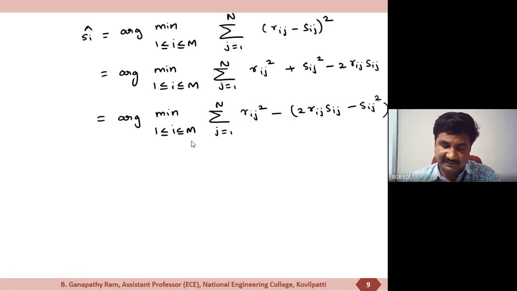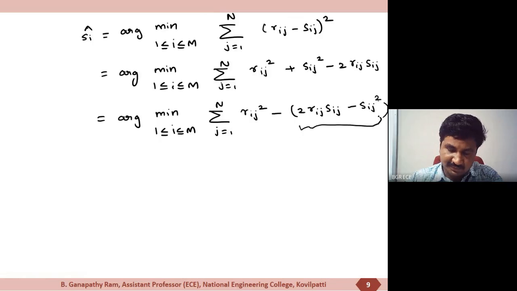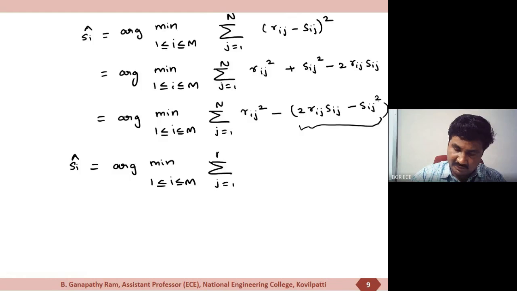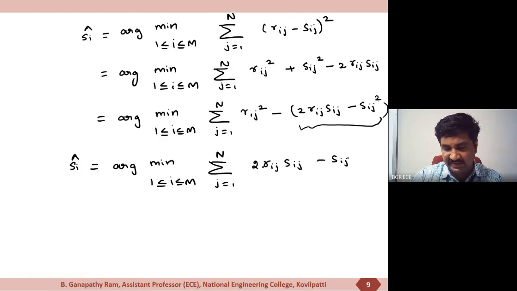So if this expression is to have a minimum value, the second term should have the maximum value. So the estimate can be represented as argument of minimum 1 to m, summation of j is equal to 1 to n of 2 rij sij minus sij square.